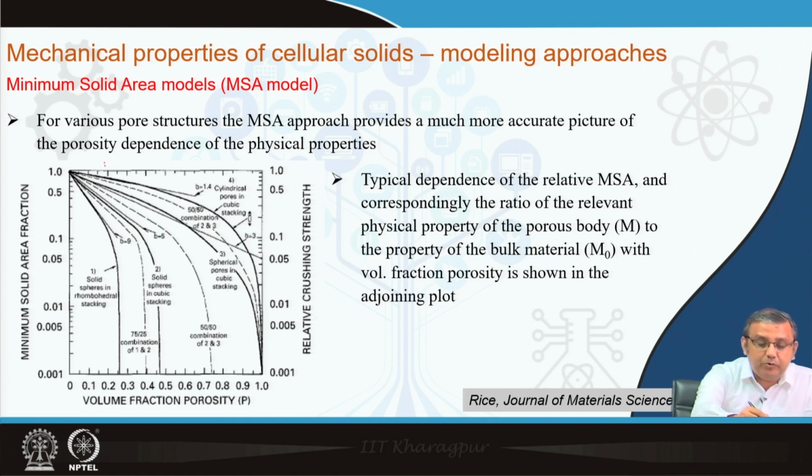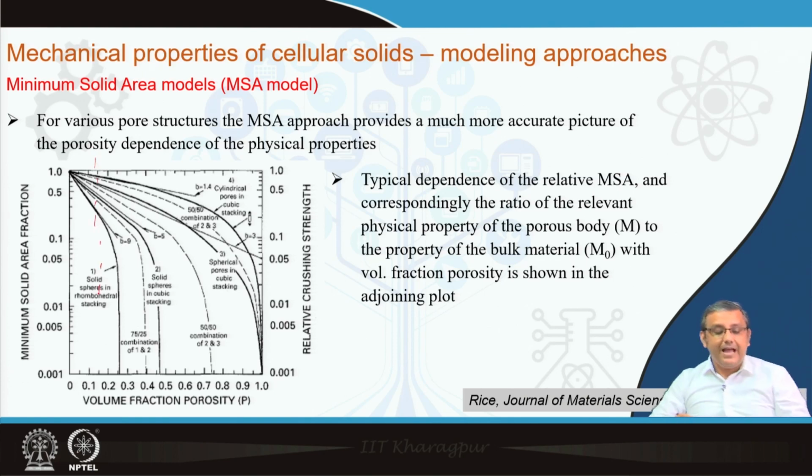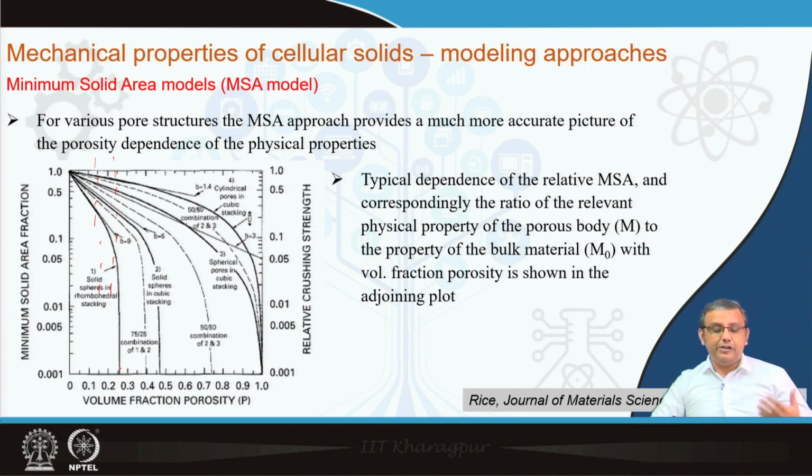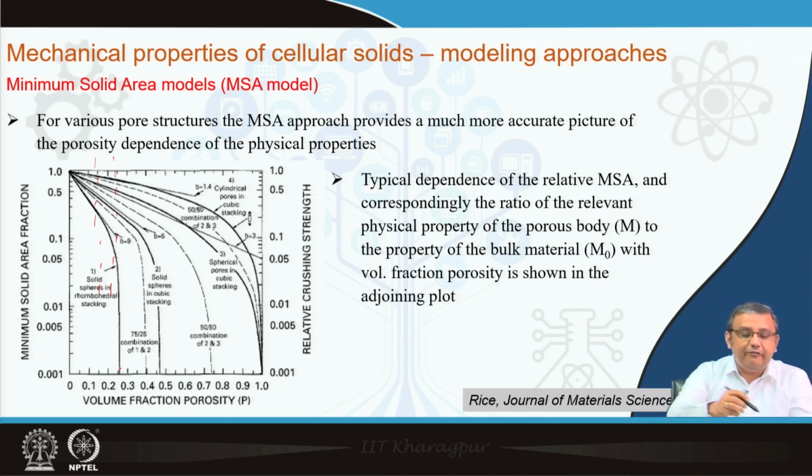Up to a certain intermediate porosity we have a straight line, then a region with a drop, and then a critical value called the percolation limit. If the porosity is more than that, the property values approach 0. So again, we have 3 different regions.